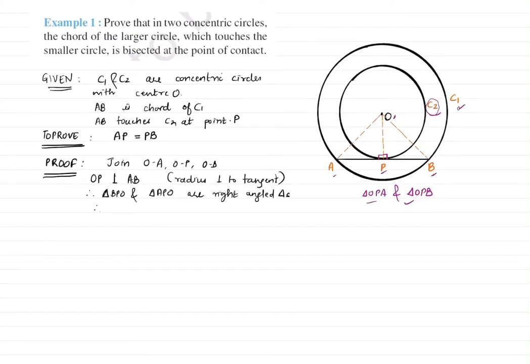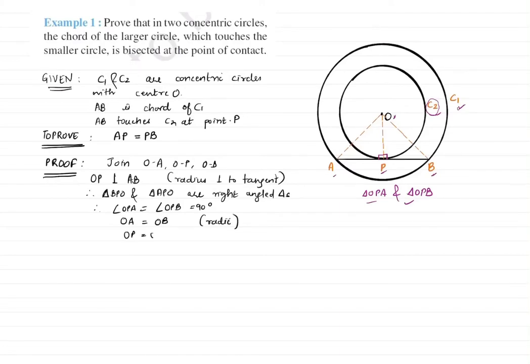Therefore, now let's just simply write down the test of congruency. Angle OPA is equal to angle OPB is equal to 90 degrees. OA is equal to OB because they are the radii of the larger circle.